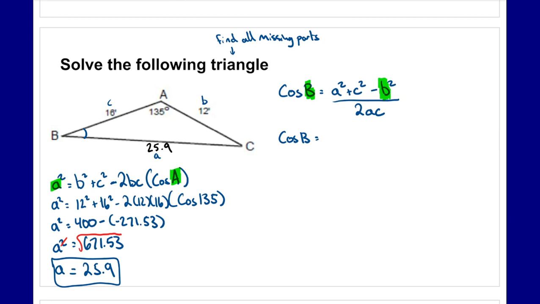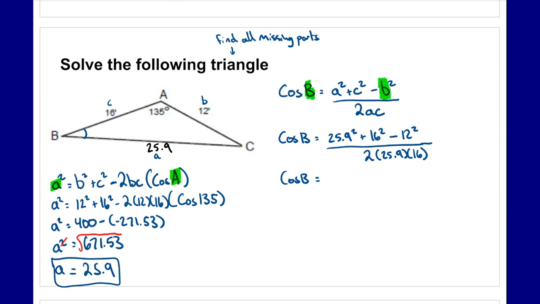So we have 25.9 squared plus 16 squared minus 12 squared, all divided by 2 times 25.9 times 16. And again, I'm going to go through and solve it in parts.